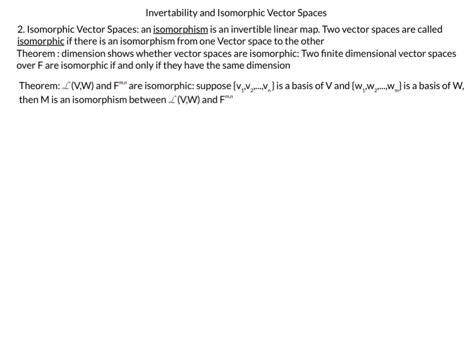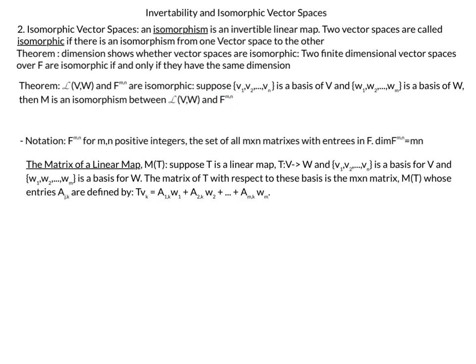This is our theorem. So suppose V1, V2 up to Vn is a basis of V, and W1, W2 up to Wm is a basis of W, then M, this capital M, is an isomorphism between the space of linear maps and the space of matrices.